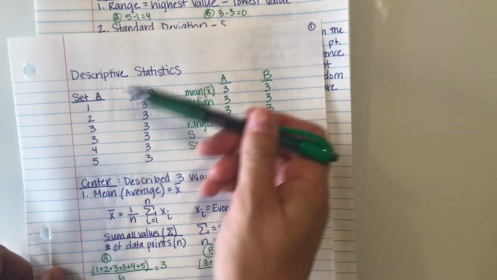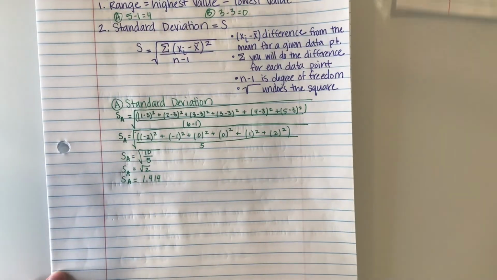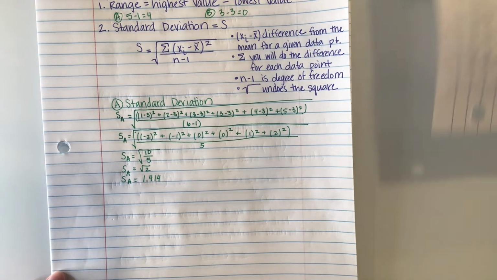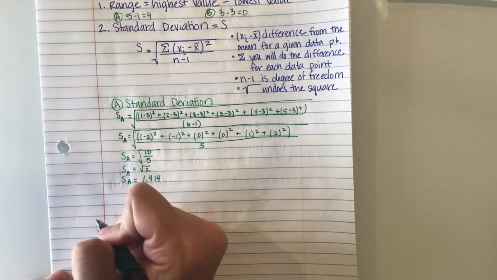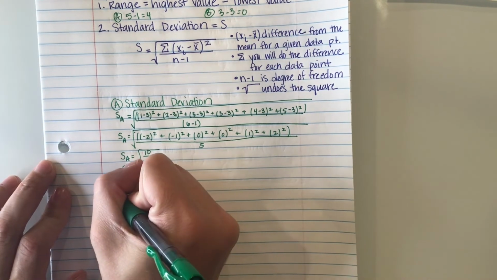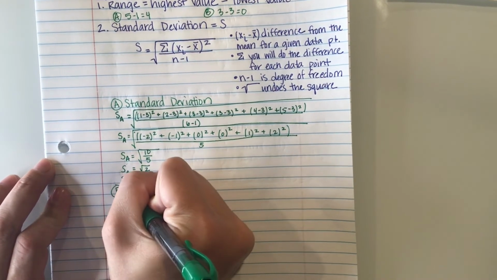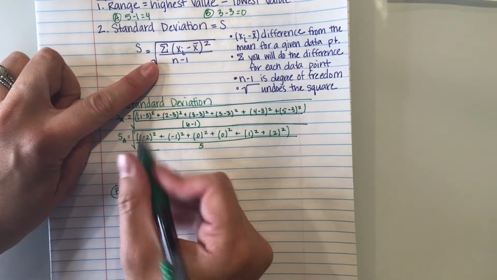Now I'm going to do the same thing for set B of data. Remember, all the values in set B are 3, and the mean is also 3. So you're kind of going to like the math a little bit better here, I think. Because here we're going to do set B. Standard deviation of B. Same equation, right?